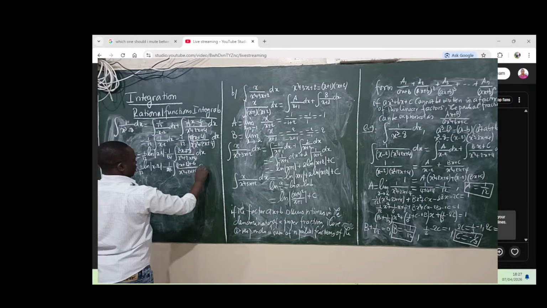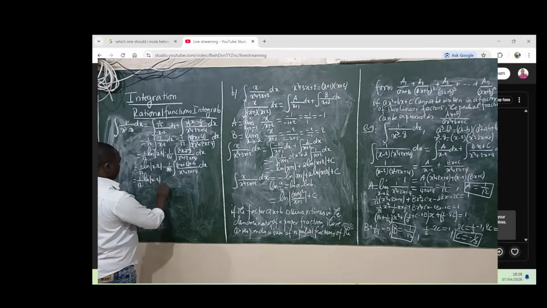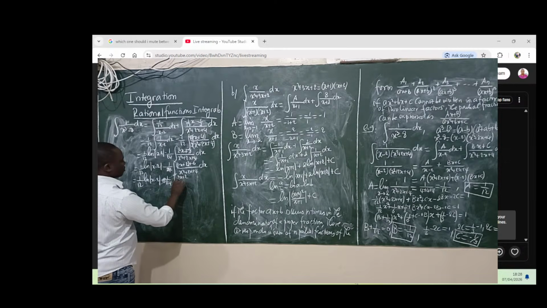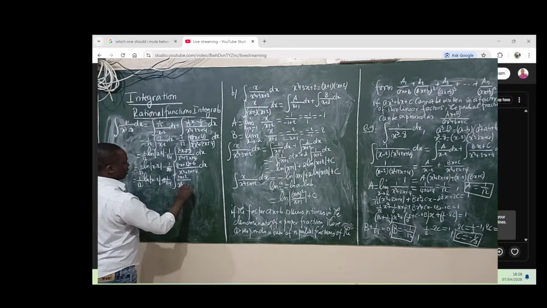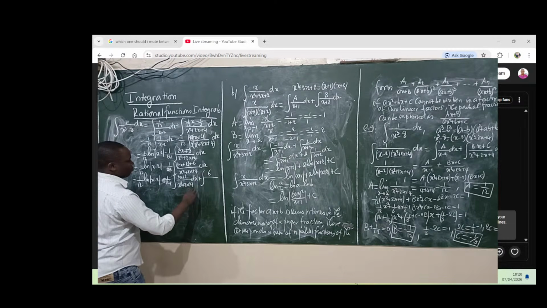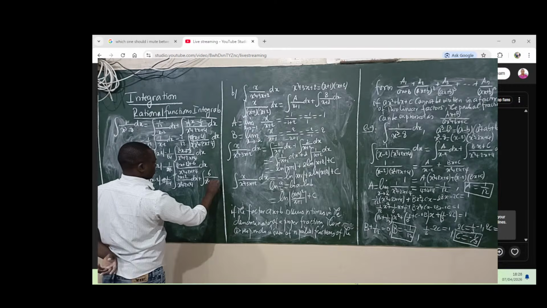This is 1 by 12 ln x minus 2 plus, sorry, here is minus 1 by 4. Let's have 2x plus 2 divided by x squared plus 2x plus 4 dx, then plus the integral of 6 by x squared plus 2x plus 4 dx.